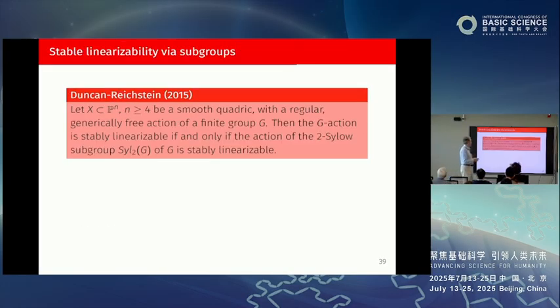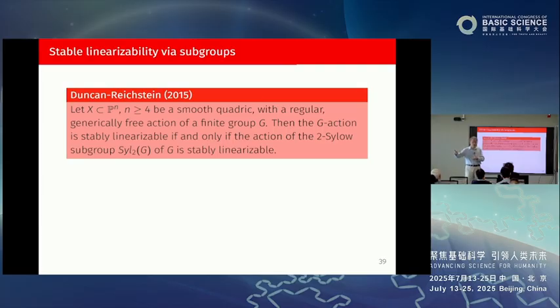So now, okay, that's the case. We know what to do for quadrics. Suppose you have a G action on a quadric, then the first theorem of Duncan and Reichstein is that it is stably linearizable if and only if it's stably linearizable for a 2-Sylow subgroup.